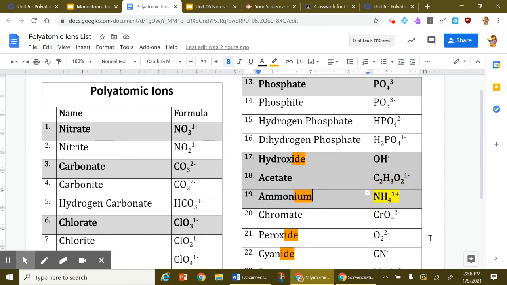If I told you to give me the Lewis dot structure for nitrogen tetrahydride, you would not be able to do it unless you could get rid of one of the dots. If you could erase one of the dots, all of a sudden the whole thing works. That is the only polyatomic ion that is positive. The rest are all negative and act like negative ions.